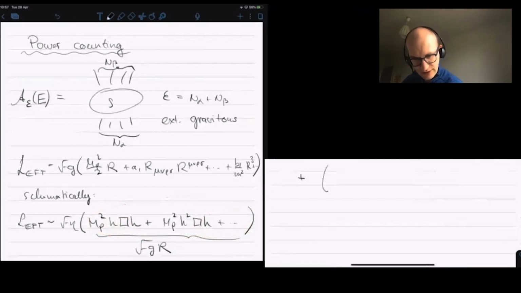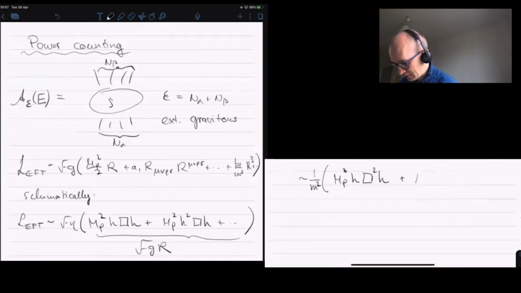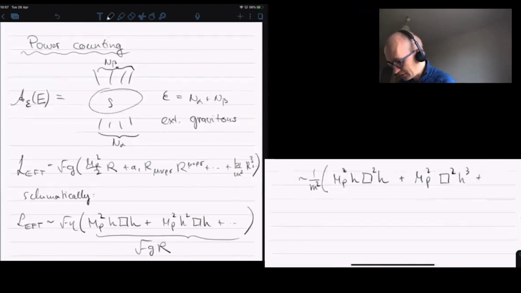So we have something like m Planck squared h d squared h, with some coefficient, going like 1 over m squared, plus m Planck squared, for example, something like this acting on h cubed, plus dot dot dot.